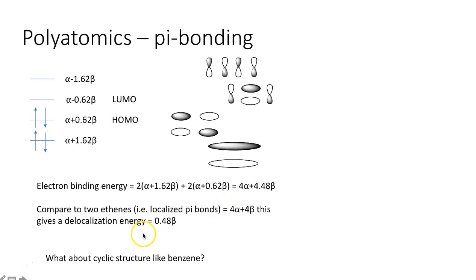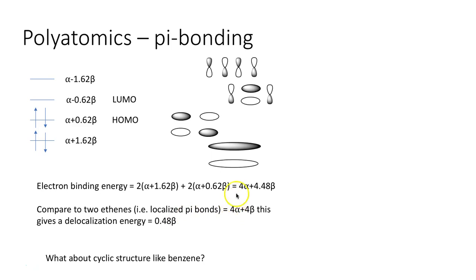But we can compare this to ethylene, an isolated pi bond, no delocalization, right? Because there's just that one pi bond. So if we were to put 2 ethylenes together, those would be localized pi bonds, right? And if we did that, remember the energy of the ethene was 2 alpha plus 2 beta.